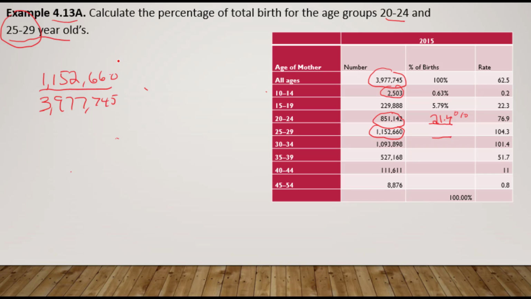So what I have is the births attributed to women 25 to 29 over the total amount of births. I'm going to scale the bottom number to 100 to find out what percentage this is of this. Put an X here, and why don't you try cross multiplying and dividing, and see if you can match my answer. Take some time here, put it on pause, and I'll put the answer in.